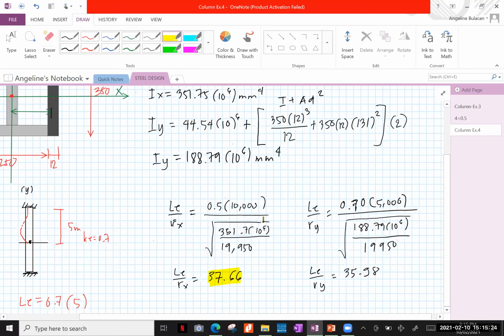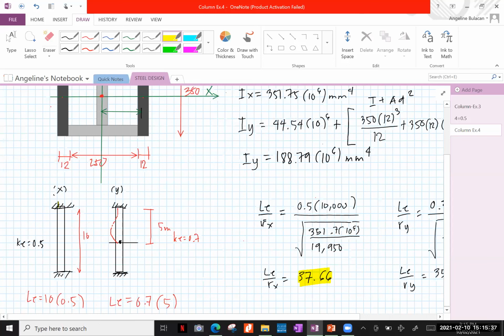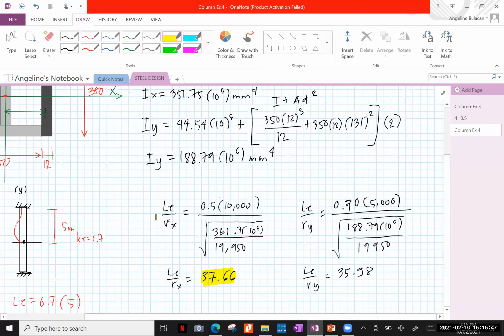So, ito yung case, some of the cases wherein ang gagamitin natin is RX instead of RY. Kasi most of the time, lalo kapag uniform naman or same naman yung support sa X and Y, palagi dyan, most of the time, RY. Ito lang example ng mga cases na nag-prevail yung sa X-axis natin.